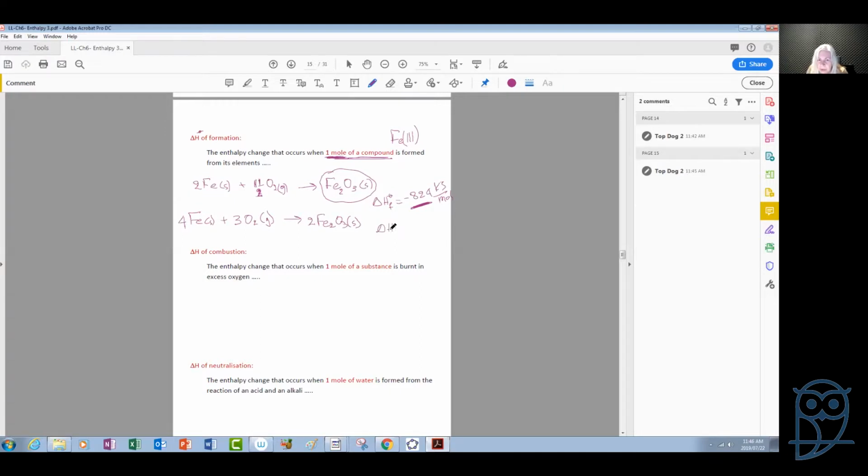So the enthalpy change of formation of minus 824 kilojoules per mole represents the enthalpy when 1 mole of this compound is formed, not 2. Here we have 2. So if we were to use this equation in our problems, we should be very careful to divide our values by 2 so that we have the correct value for the correct number of moles, okay?